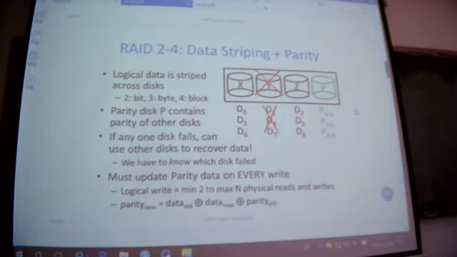Bit is small, byte is middle, block is big. Parity disk P contains parity of the other disks. If any one disk fails, we can use the other disks to recover data. We must update parity data on every write.